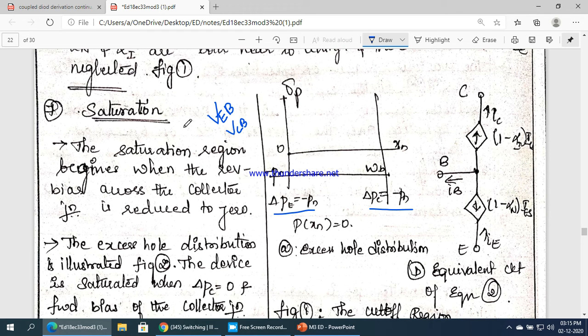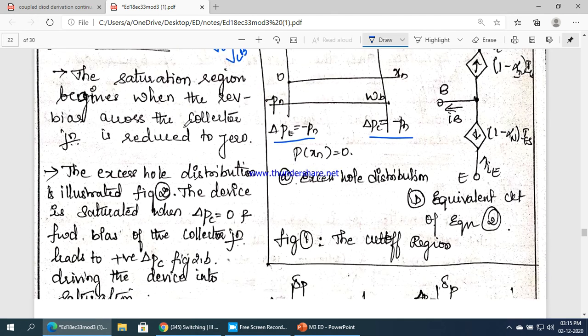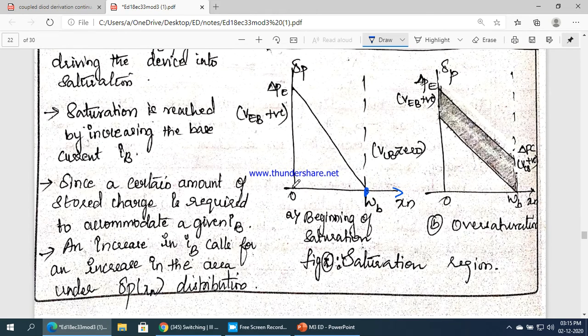We can push a BJT to the saturation region by first making the collector junction zero potential, applying a positive voltage, forward biasing VBE, and applying zero voltage to the collector base junction. These lines are nothing but what? This one is an emitter junction and this one is a collector junction.